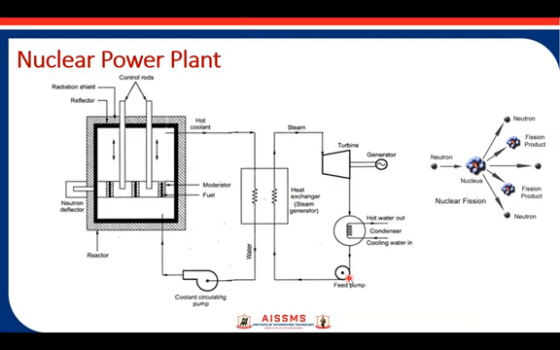Advantages of the nuclear power plant are that it doesn't require much space as compared to the conventional power plants. Nuclear fuel is charged to the power plant infrequently because it has a relatively long life. The weight of nuclear fuel required is very small as compared to coal.